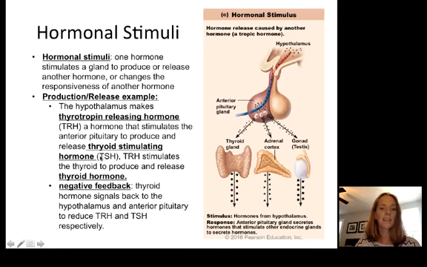TSH then, a second hormone, will cause the thyroid gland to produce the final hormone, thyroid hormone. So this is actually two levels of hormonal stimuli to the final release of the final hormone. And then the levels of that final hormone will signal back to the upper glands that they can slow down their activation.